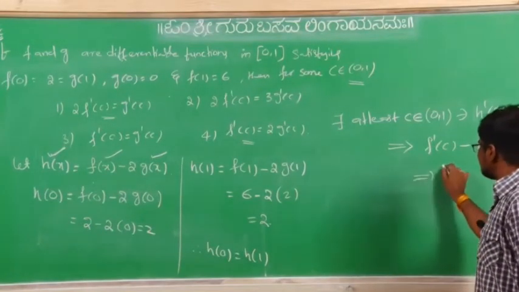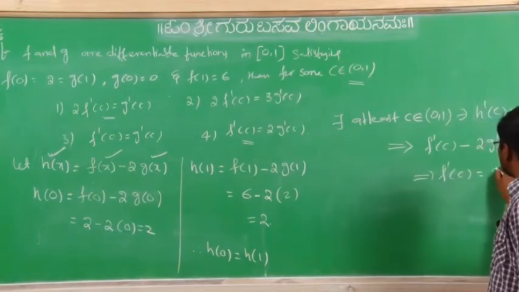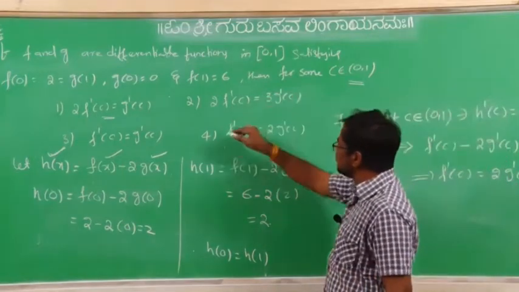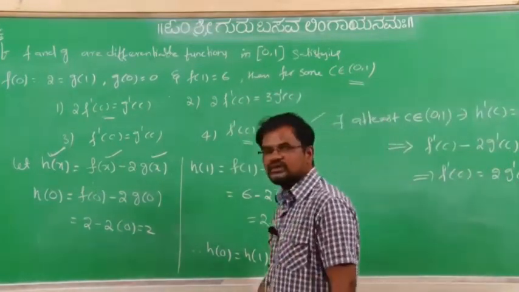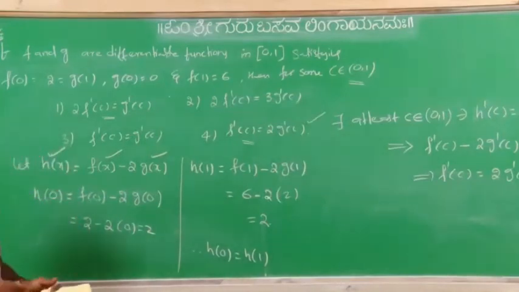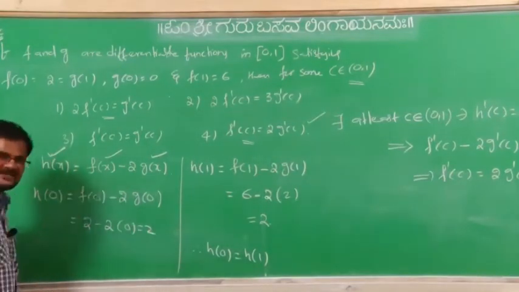That implies f dash of C equals 2 into g dash of C. So this is the answer. Very simple problem by identifying the selection of function.